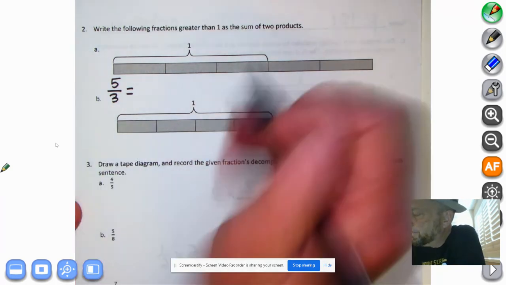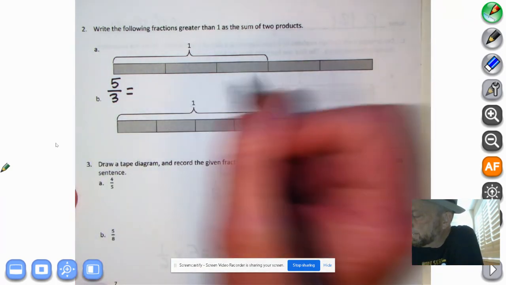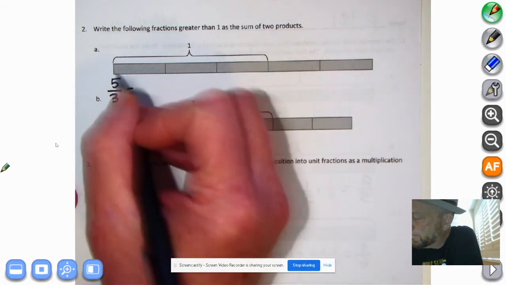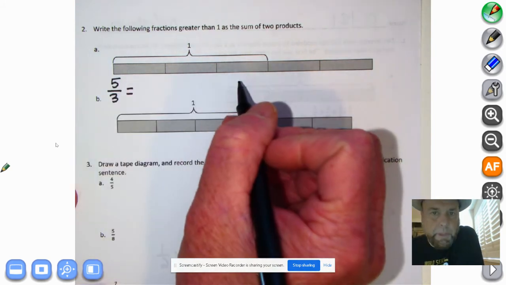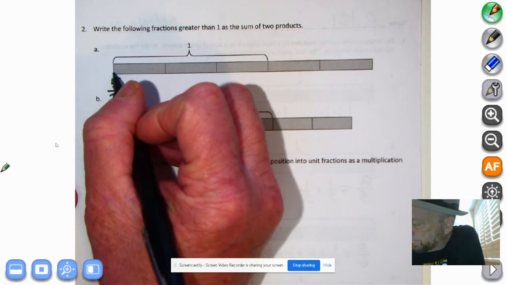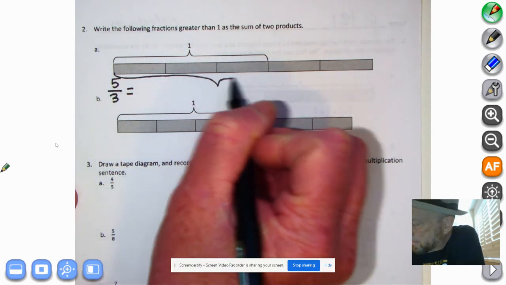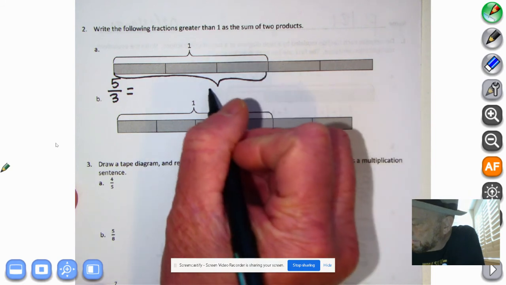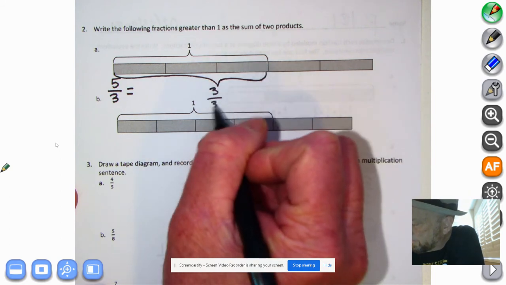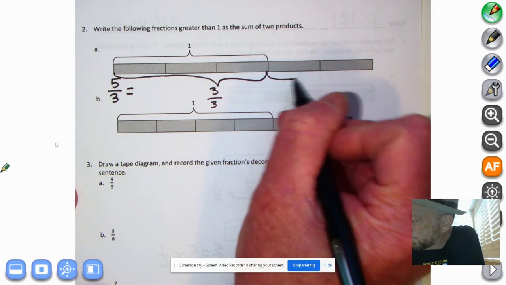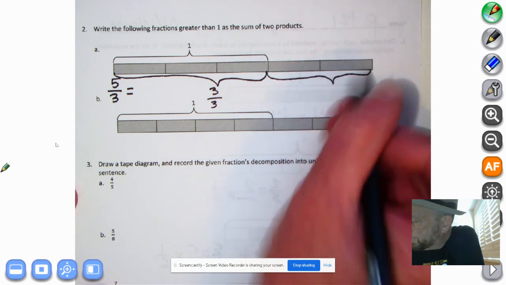So 5/3 equals what? Well, how about 3/3 plus 2/3, all right? So here's 3/3. And here, ladies and gentlemen, is 2/3, right?